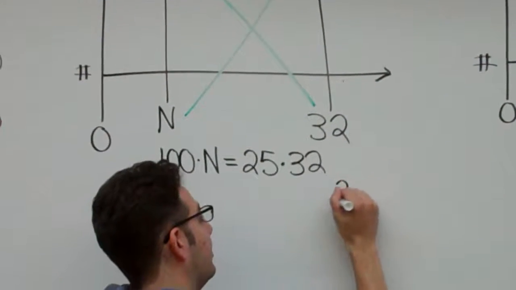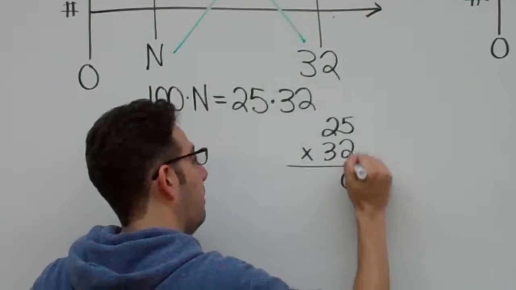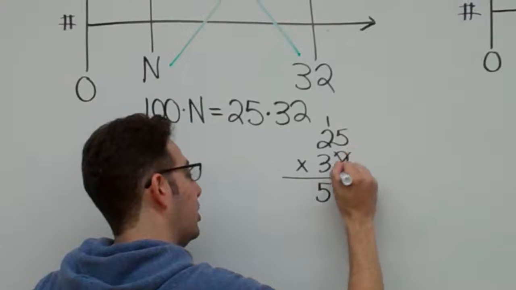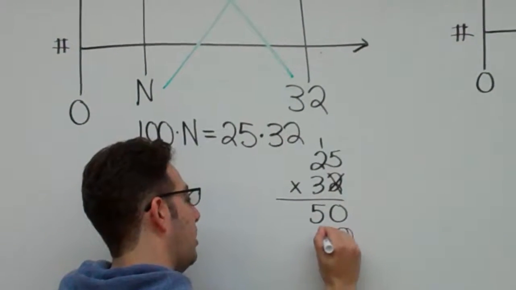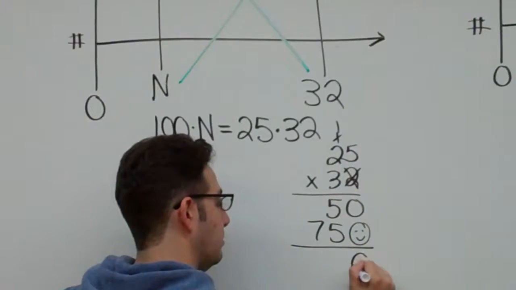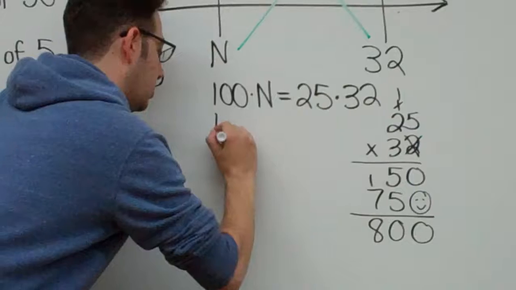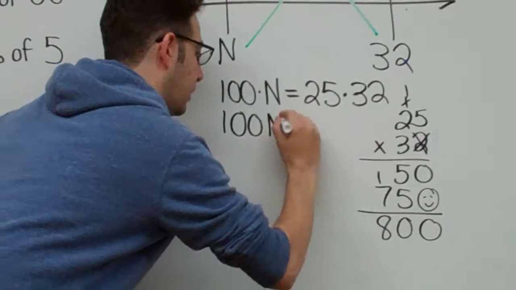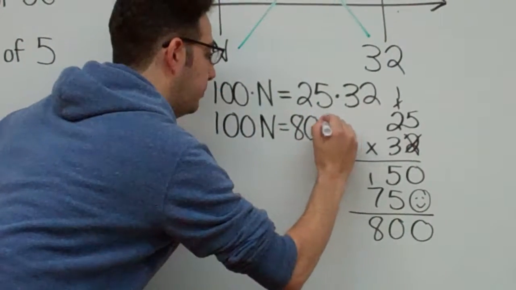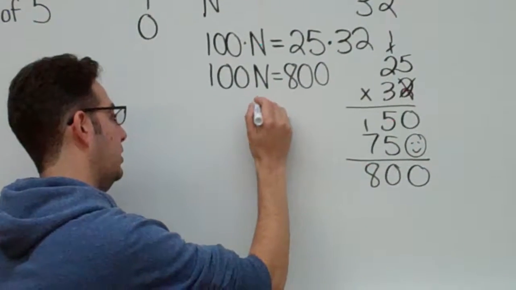If you do 25 times 32 down here, watch how fast my skills are. Ba-bam, bam, bam. Cross that out. Smiles right there. Ba-bam, bam. Oh, jeez. Bam. 100n equals 800. N, sorry, I'll have to write this down here.